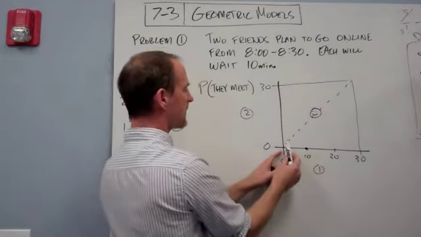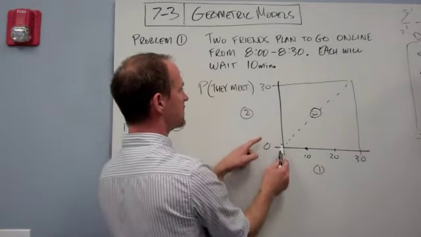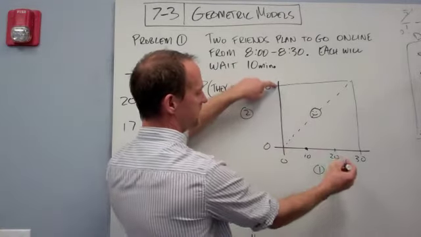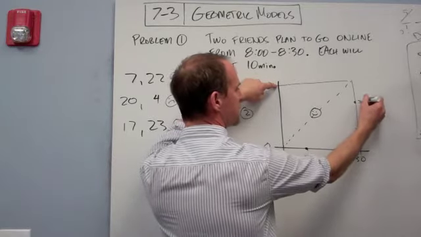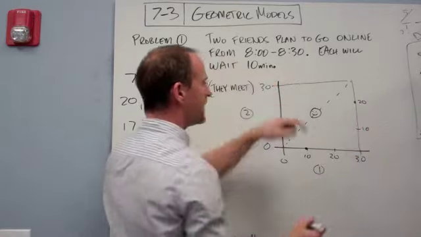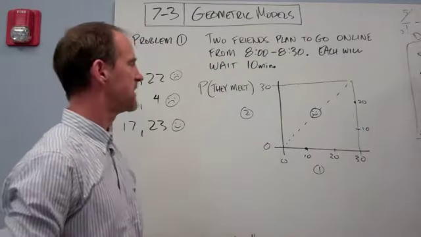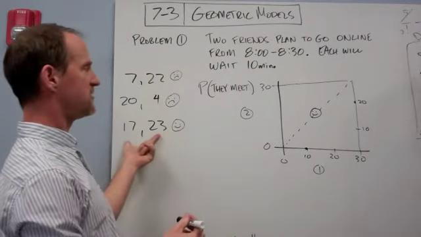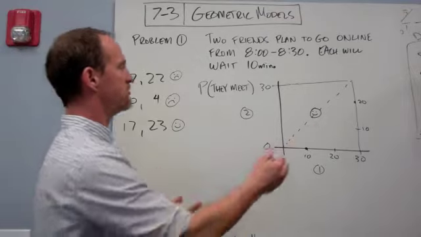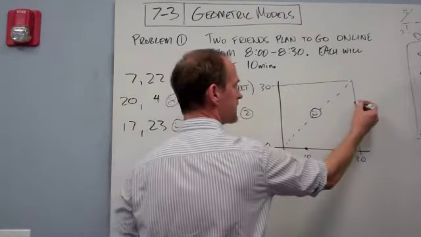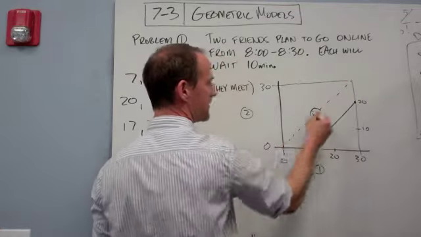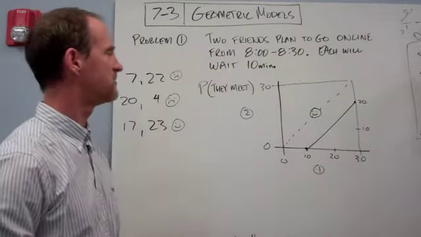If friend 2 logs in at 30 minutes, then friend 1 must have logged in over here by the 20-minute mark. Again, if you think about it just in terms of the numbers being within 10 units, I think it's fairly easy to come up with these two coordinate points. And then you just connect them like this. It's going to be parallel to this happy zone going down the middle.